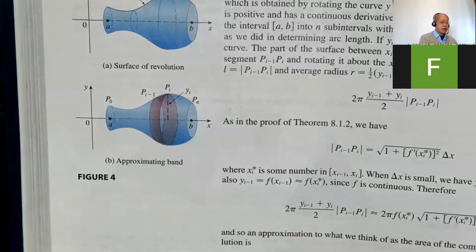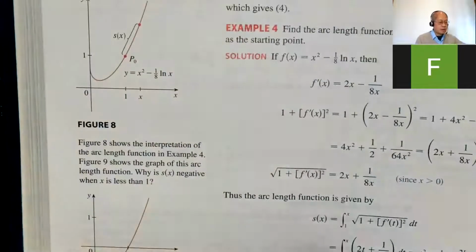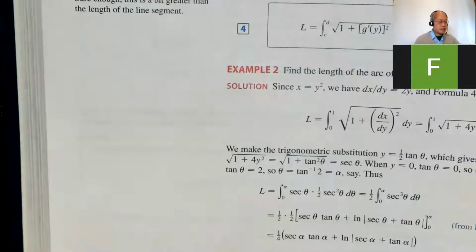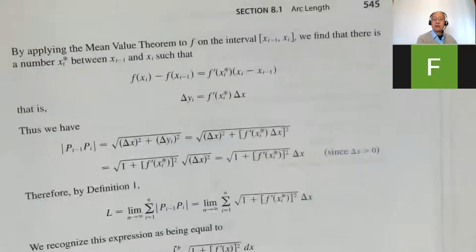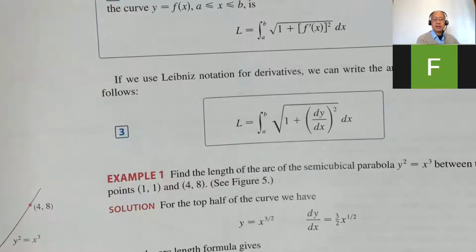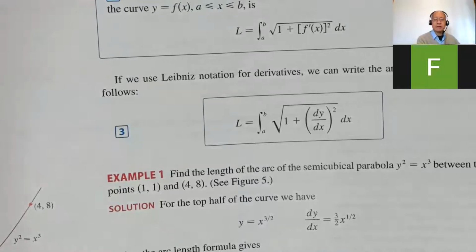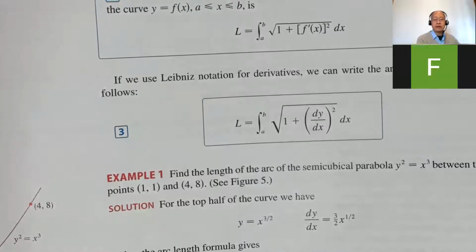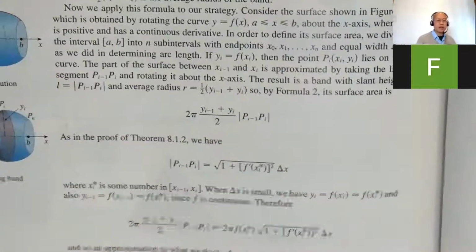Well, I already know how to find the arc length from section 1. We got a formula for that, page 545, box 3. That's how I get the slanted height, the arc length, which is the reason why 8.2 comes after 8.1. You do 8.1 on arc length, and now 8.2 is based on the arc length.